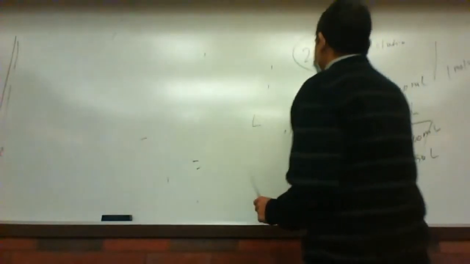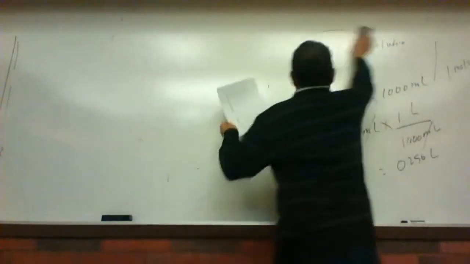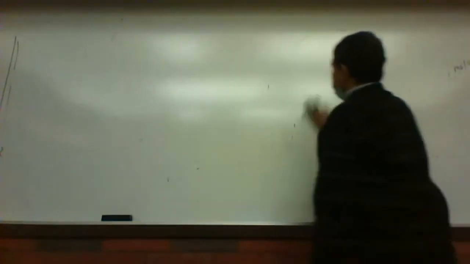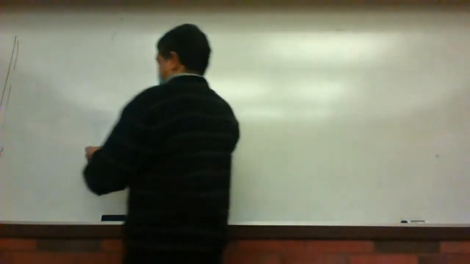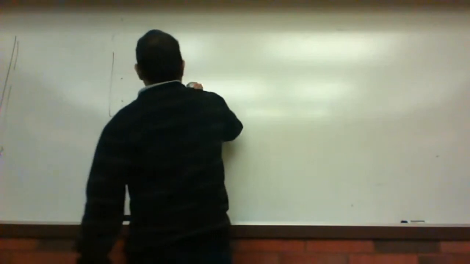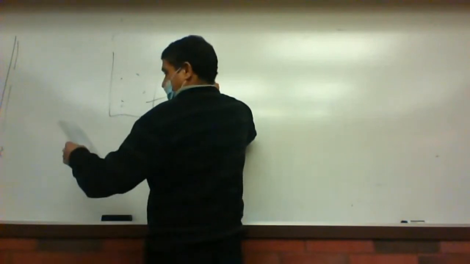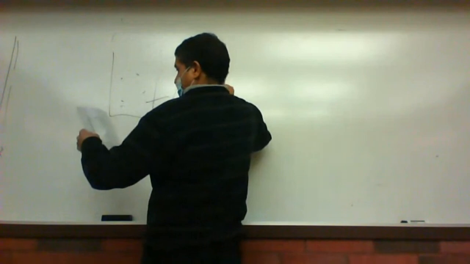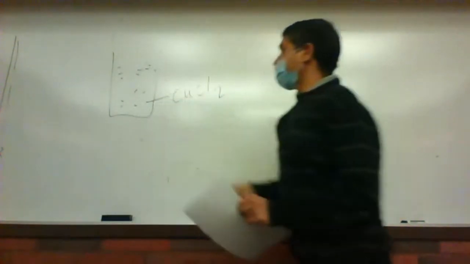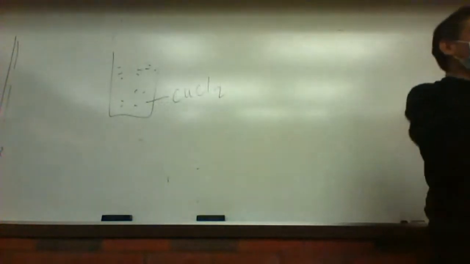Here, a couple of things. I just want to mention in slide number 9. I have a beaker here, and in this beaker I have a solution of CuCl2. So I have water here, and I put some copper chloride there and dissolve it, right?